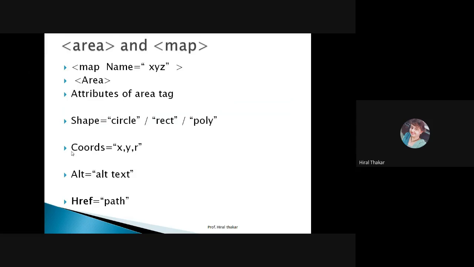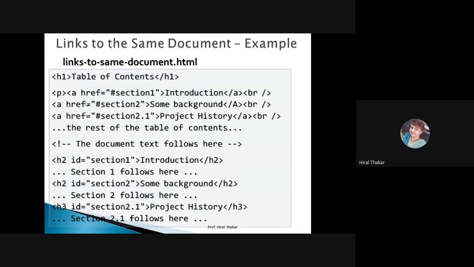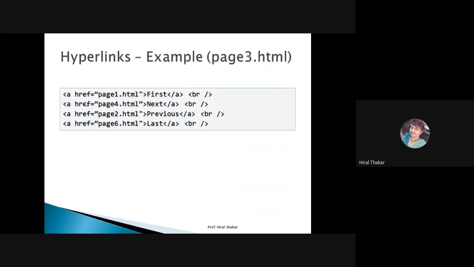Shape, coords, and HREF are the attributes of the area tag. Name is the attribute of the map tag. Height, width, and SRC are the attributes of the IMG tag. So whenever we learn a new tag, the first thing you have to learn is how many attributes this tag has.